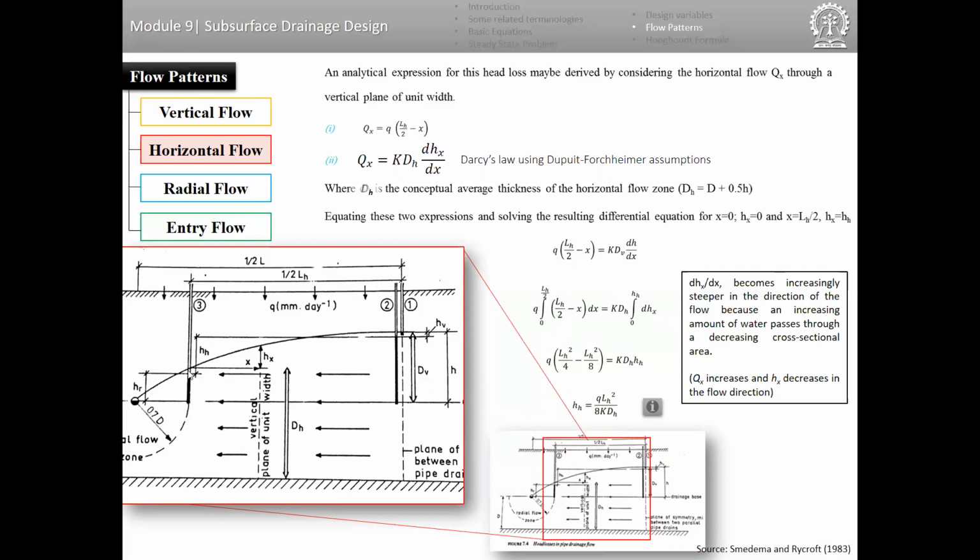Here it is 0, and the maximum head loss is observed here, HH. So this is your HH and this is your 0 horizontal head. Or you can say this HH is the difference between the piezometer reading at this point and this point.